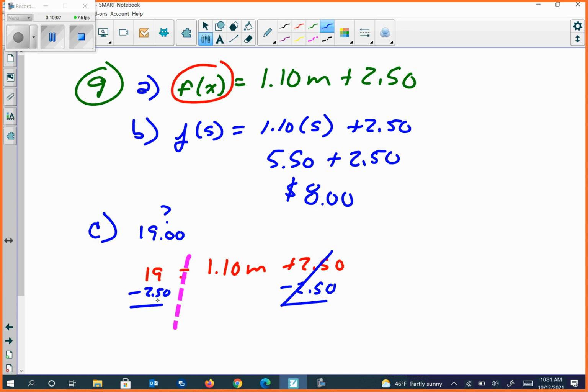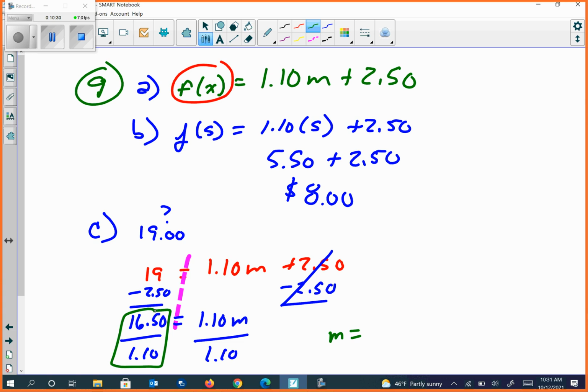So 16.50 is here, equals 1.10 m. Divide each side by 1.10. Friends, one of the few times I ask you to have a phone out and you have a calculator. 16.50 divided by 1.10. Please. Type that into your calculator. Help me.